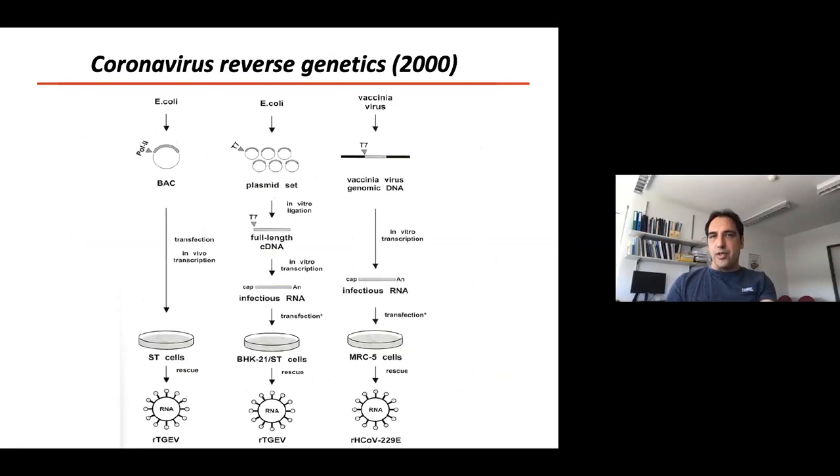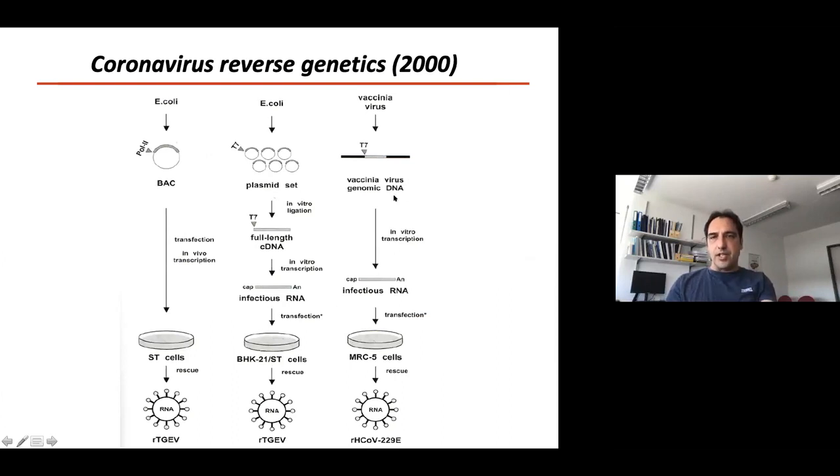So this is how these different systems look in more detail. The BAC system was launched by DNA using a polymerase II promoter for transcription in transfected cells. The in vitro ligation system is based on using a T7 RNA polymerase promoter to make a full-length infectious RNA that is then transfected.